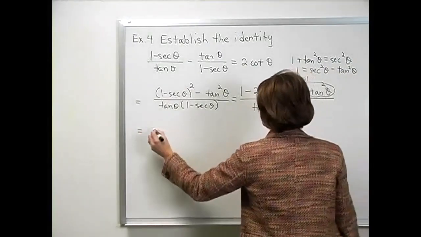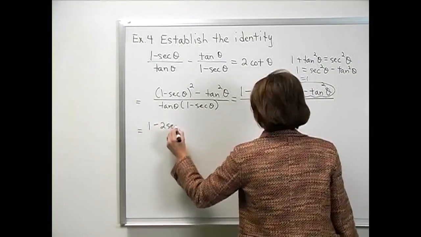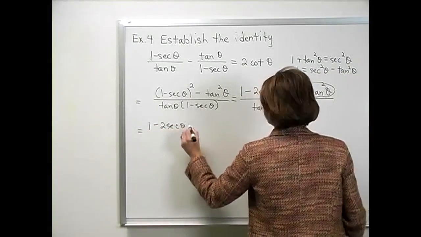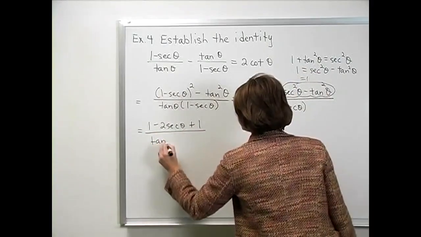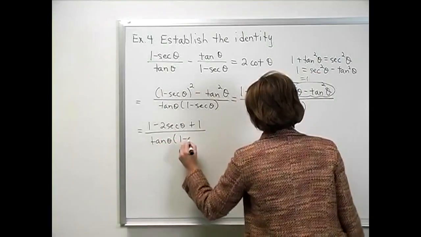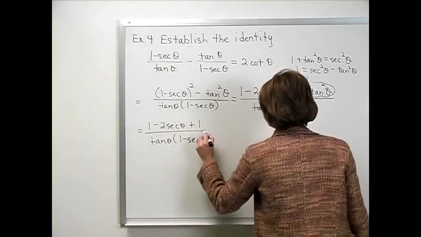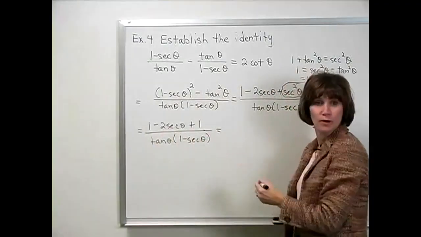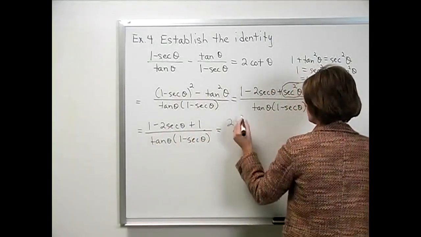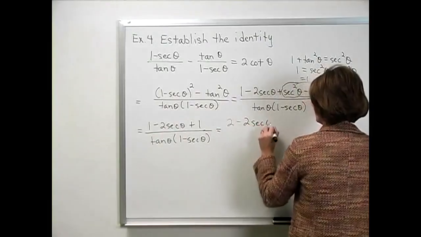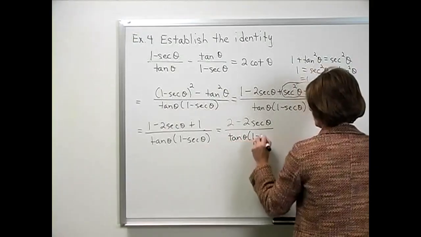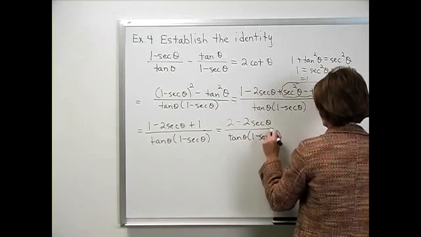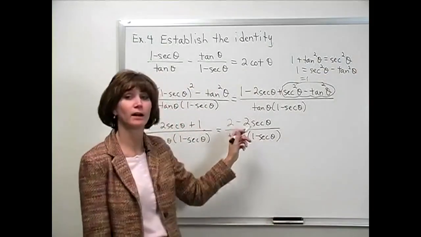So let's see what we get. We get 1 minus 2 secant theta plus 1 over tangent theta times 1 minus secant theta. And of course, 1 plus 1 equals 2. Now here in the numerator, we've got a common factor of 2.